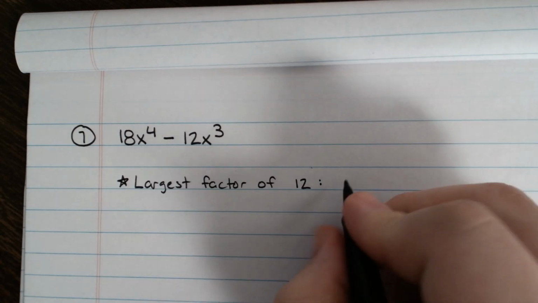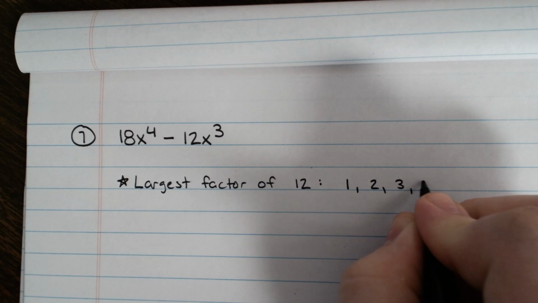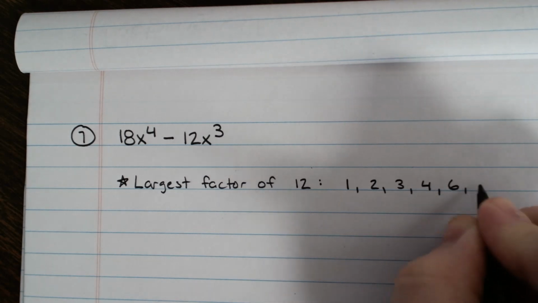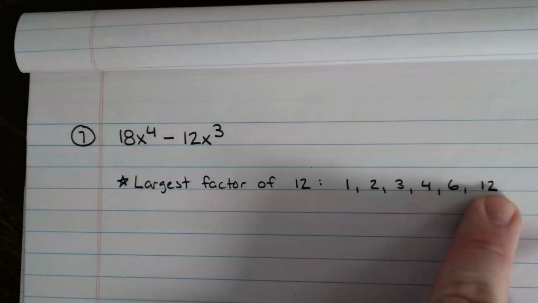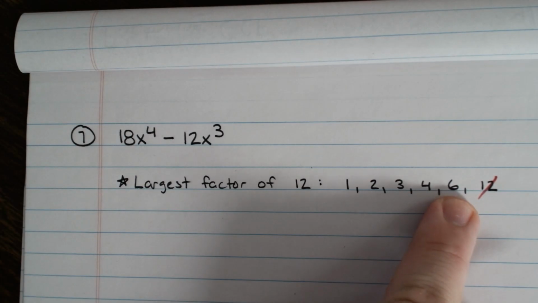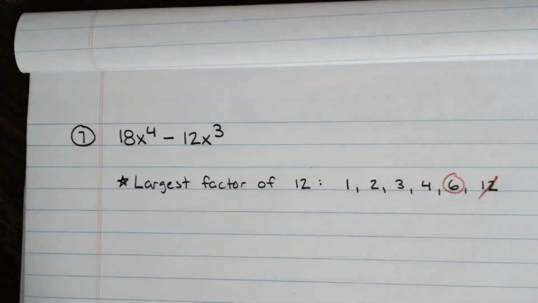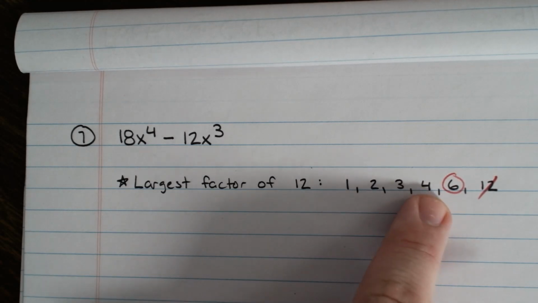So the numbers that divide 12 evenly are 1, 2, 3, 4, 6, and 12. Does 12 divide 18? No, not evenly. So it's no longer a candidate. Does 6 divide 18? Yes, it does. That's the GCF. Even though 3 and 2 and 1 also divide 18, they're not the largest number. 4 doesn't evenly divide 18.